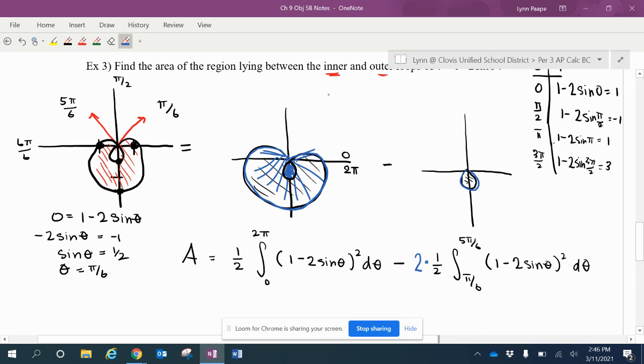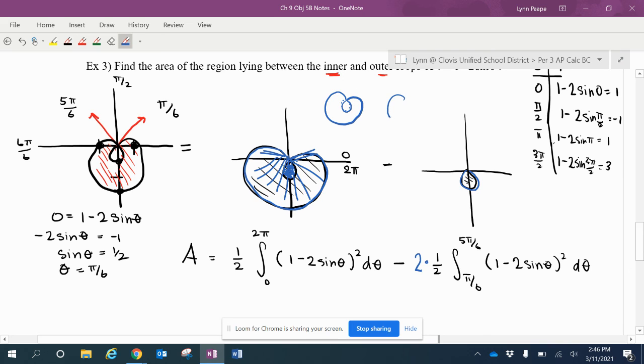If I were just to draw the outer loop, this area exists one time. When I pass over it a second time, it creates a second layer, and that second layer has to be subtracted as well.